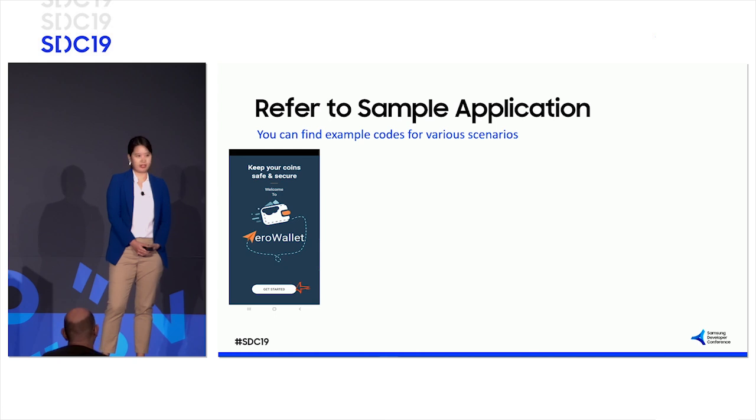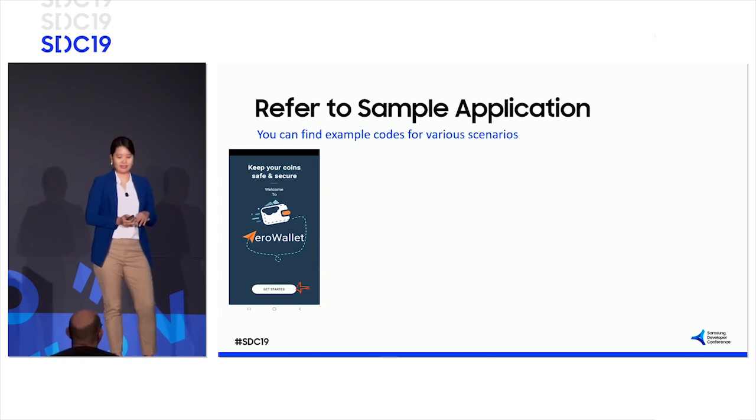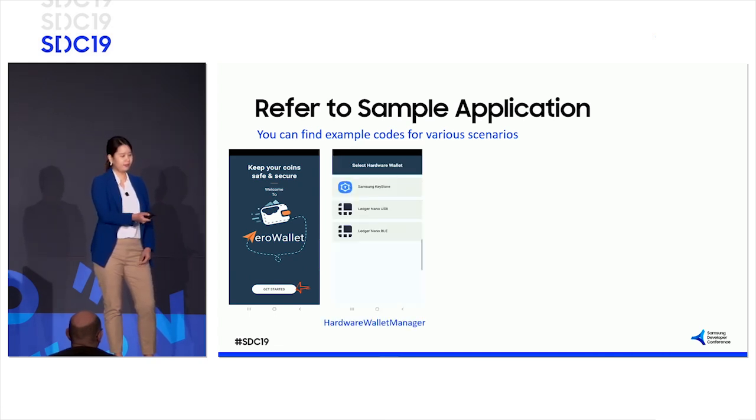The sample application, which includes every function I've talked about today and more, as well as the entire code, is also open. Hardware Wallet Manager, the real example, and every source code you can find.